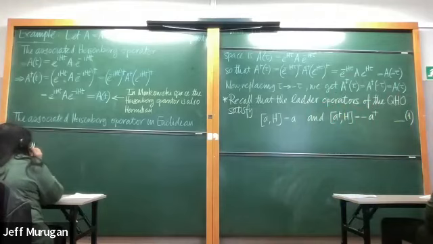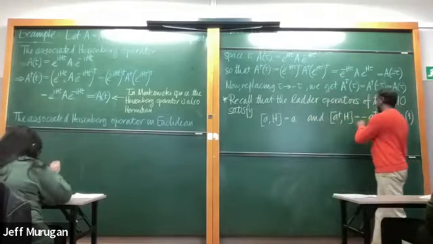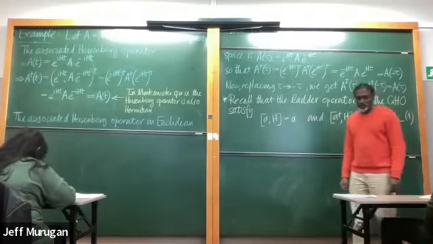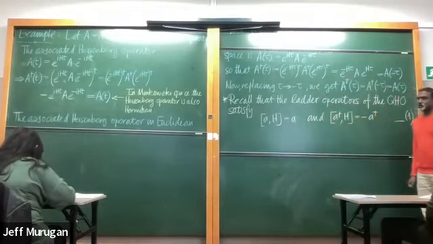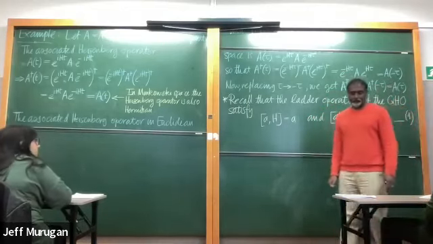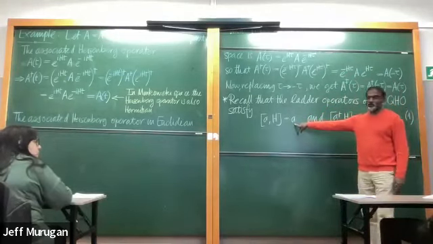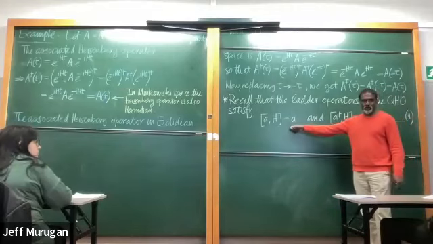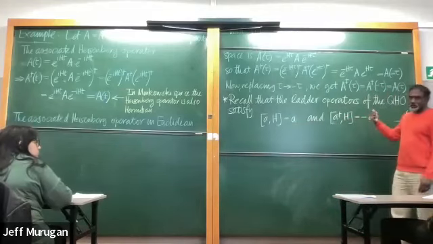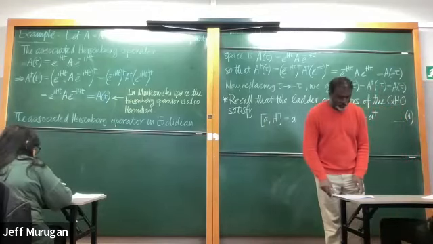This observation is enough to allow us to show, as we normally do in a first class of quantum mechanics, that A lowers the energy of a state by one unit, and A dagger raises the energy of the state by one unit. That's why they're annihilation and creation operators. So I can start on the vacuum, which is annihilated by A, and produce excited states by acting with A dagger.